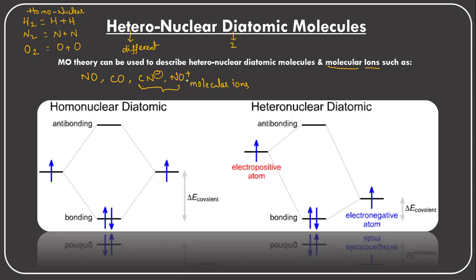So these two are called isoelectronic molecular ions also.